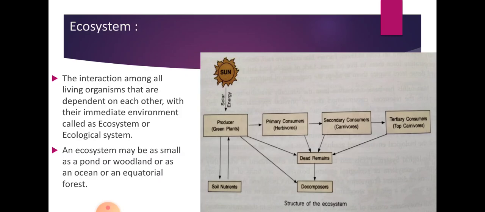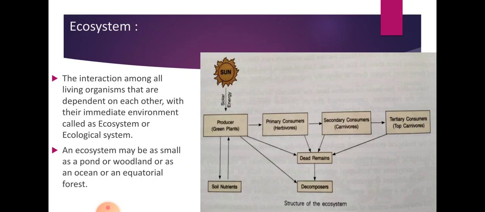So this is the whole source, the ecosystem, meaning they are interacting with each other. Here you can see both biotic and abiotic components. Biotic is living organisms, animals and plants, and abiotic elements such as air, water, soil. They all come together and form the ecosystem.